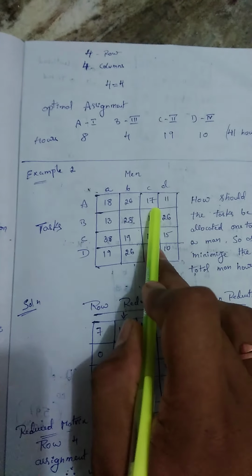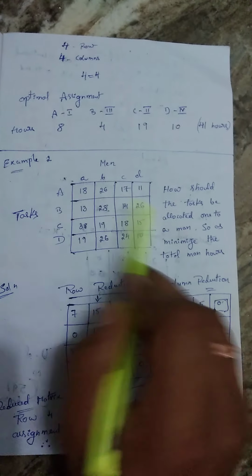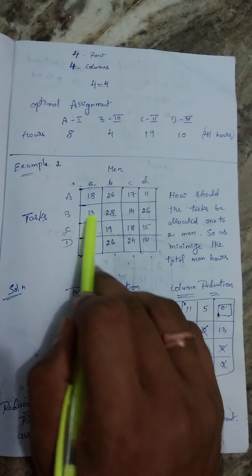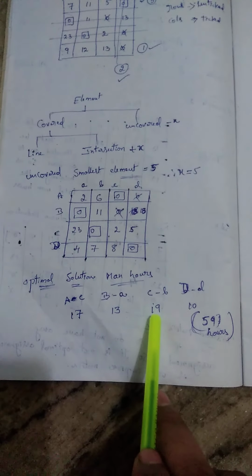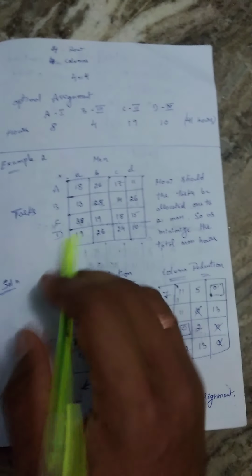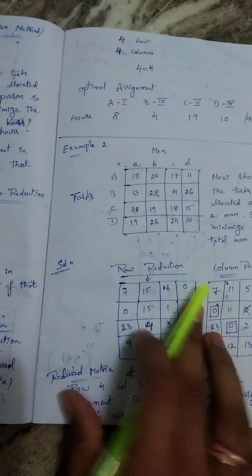B row, A column is 13 hours. C row, B column is 19 hours.